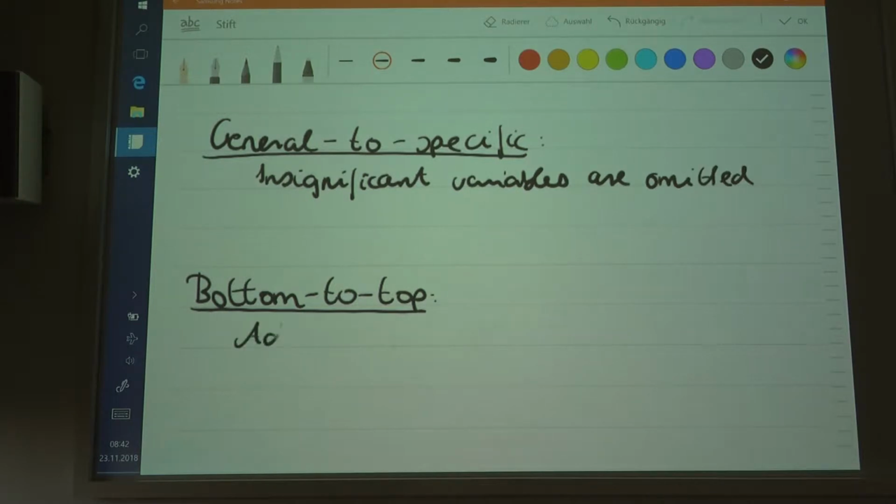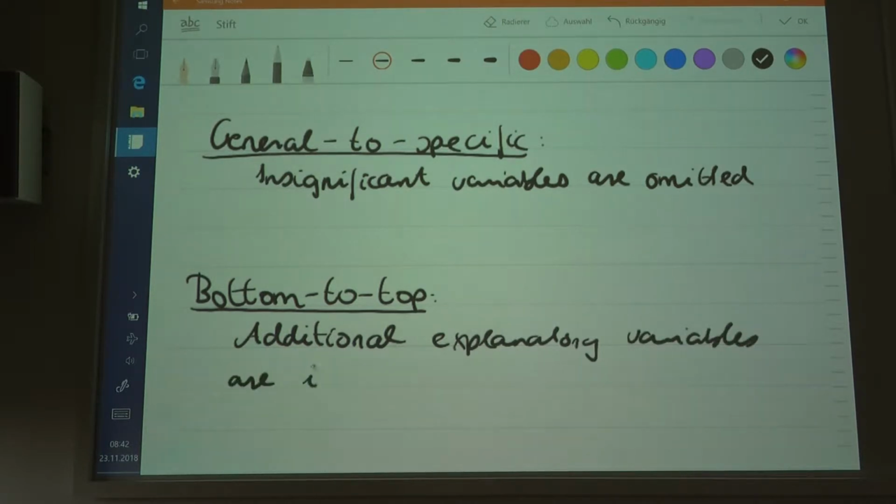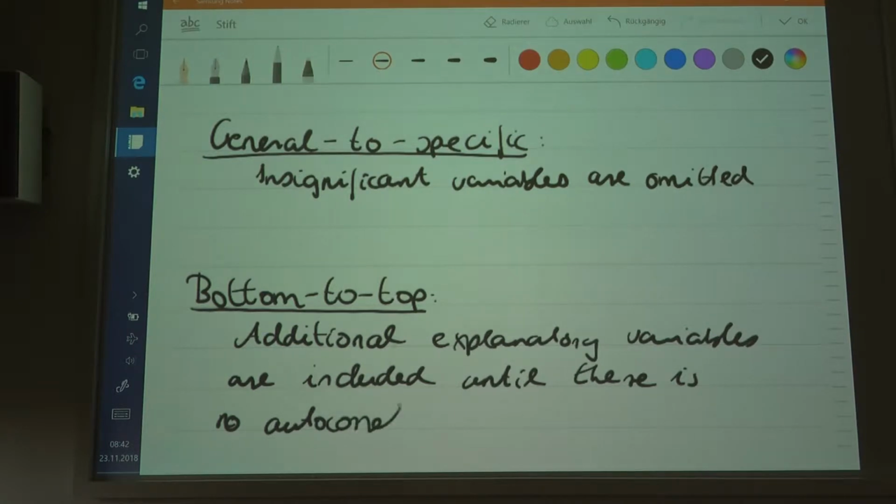So additional explanatory variables are included until, for instance, there is no autocorrelation of the residuals.